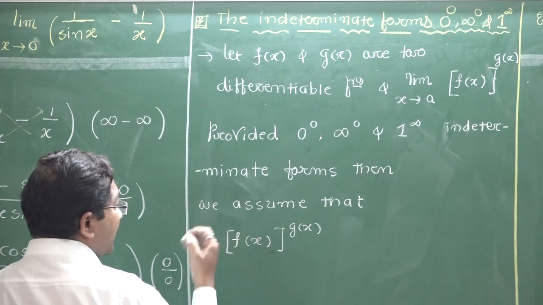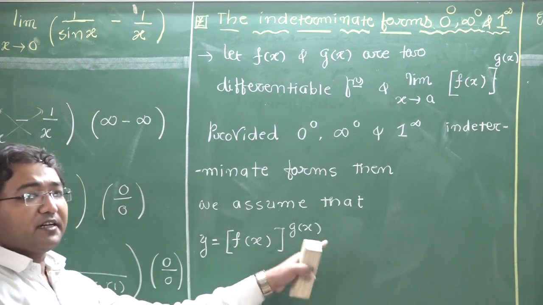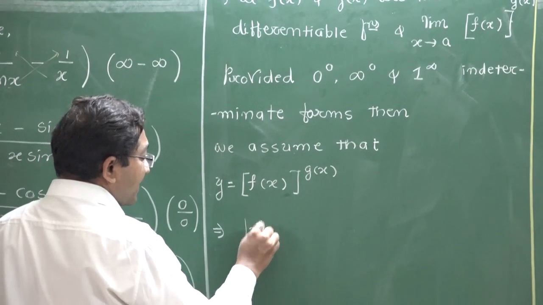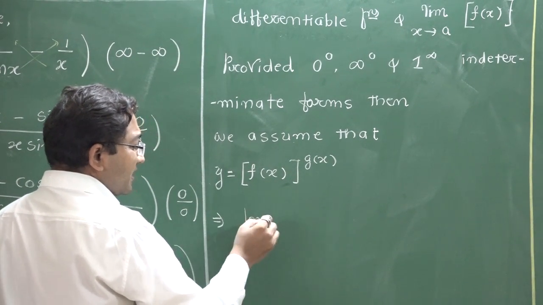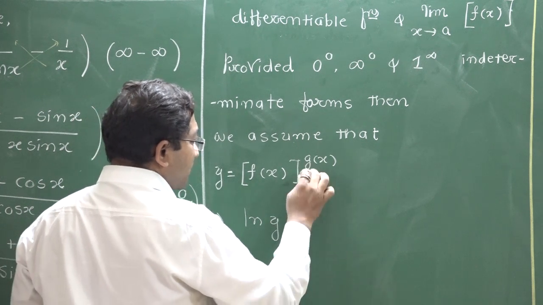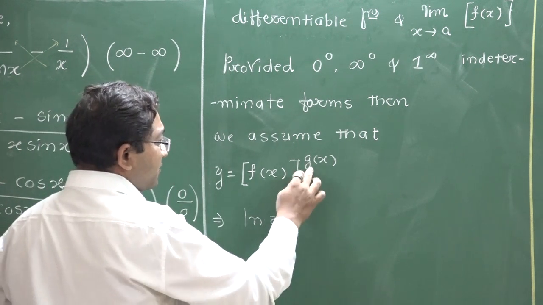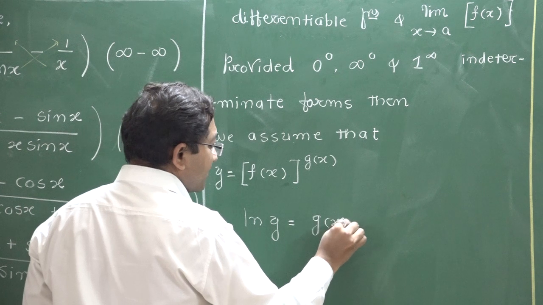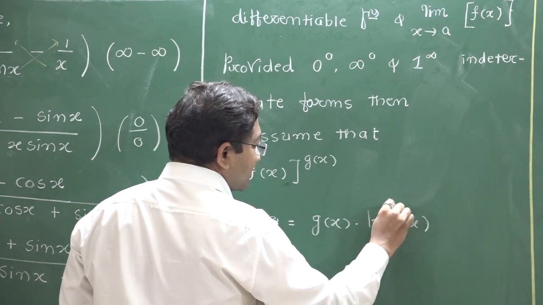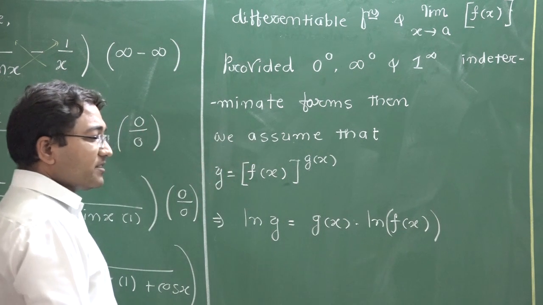Assume that y equals f of x power g of x. Taking ln on both sides, remember ln means natural log with base e, ln y equals, according to the rules of the logarithm function, g of x into ln f of x.